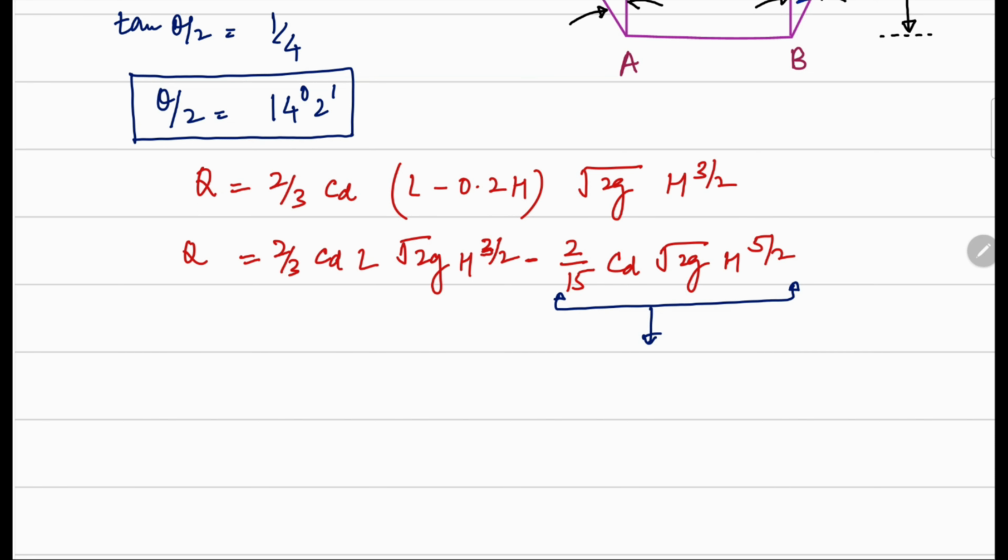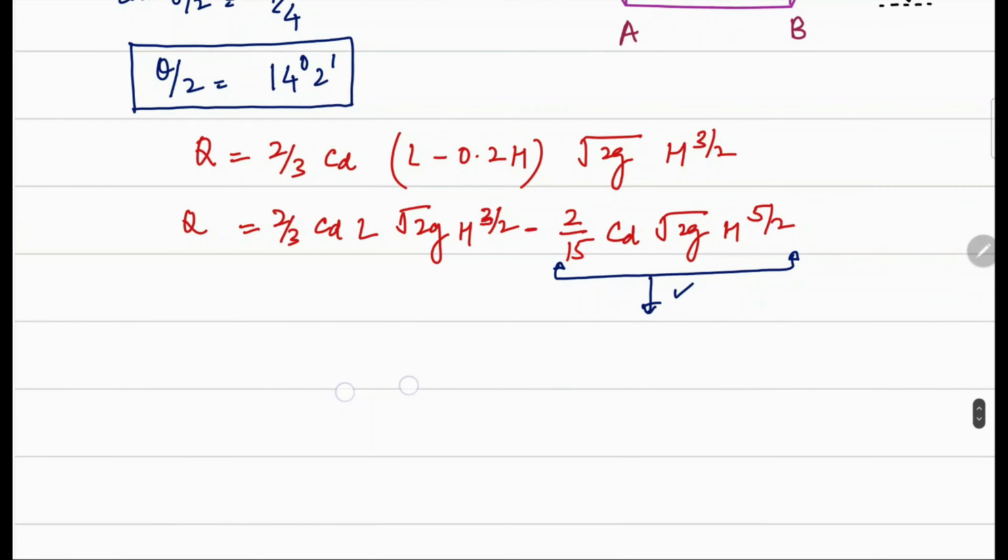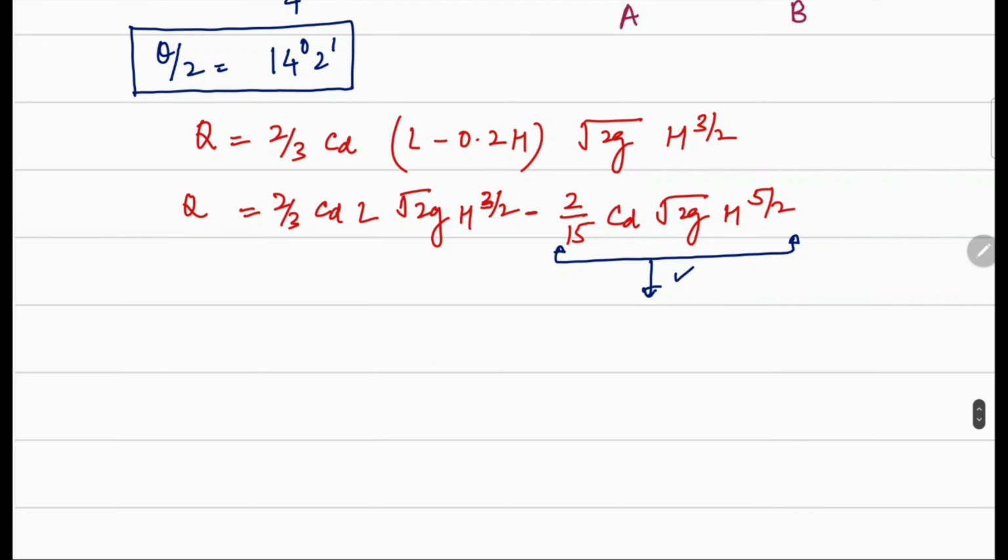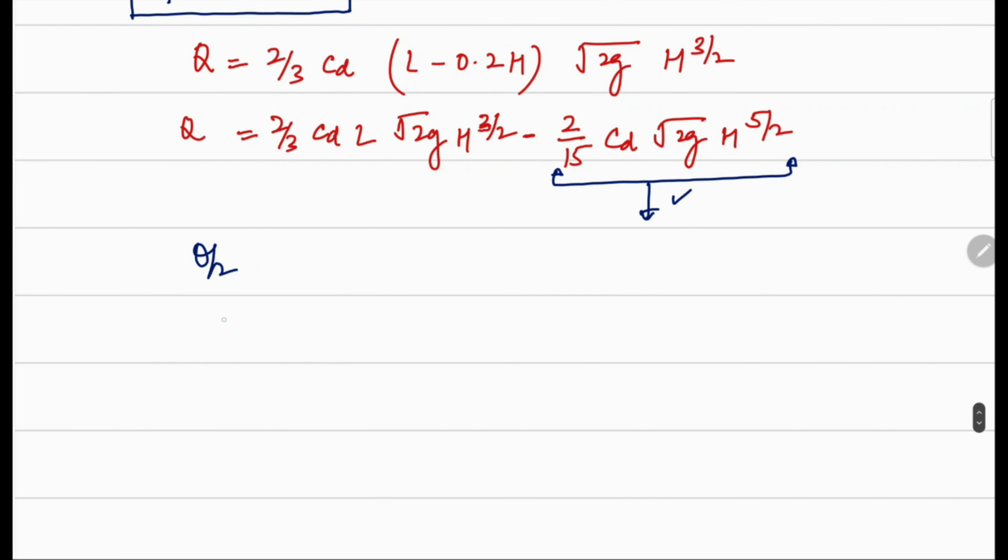So what exactly is that? We have to equate the discharge coming from these two portions, and the summation of the two discharges should be equal to this particular value which is written over there. So let the slope be theta by 2, as already shown, and the discharge through a V notch of angle theta, an expression we have already used, is Q is equal to 8 by 15 CD under root 2g tan theta by 2 H raised to the power 5 by 2.